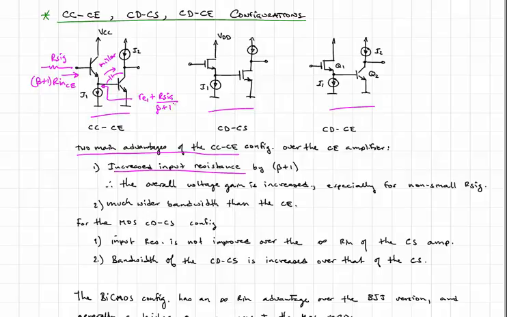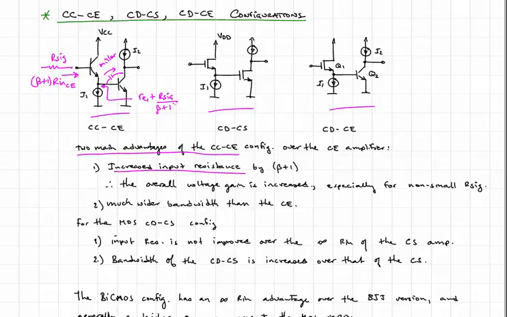And so we will have a much lower resistance than if we didn't have that common collector stage. With only the common emitter stage, the resistance we'd see looking back there would be R_sig. So this is what contributes to a much wider bandwidth.